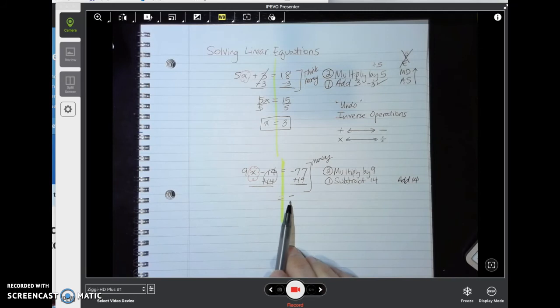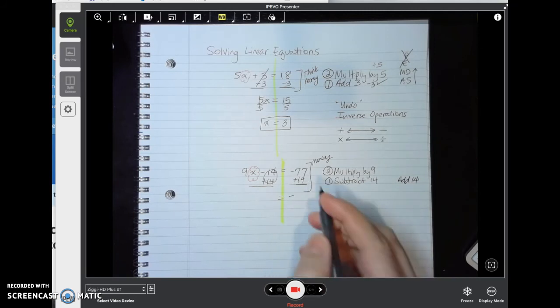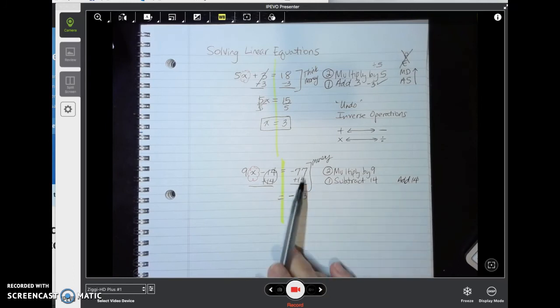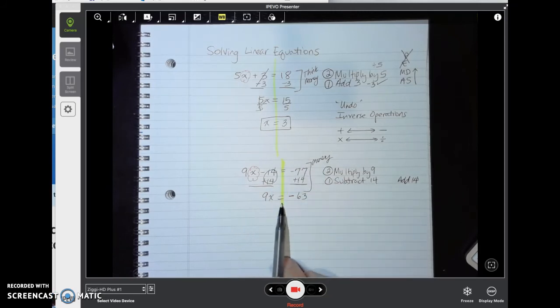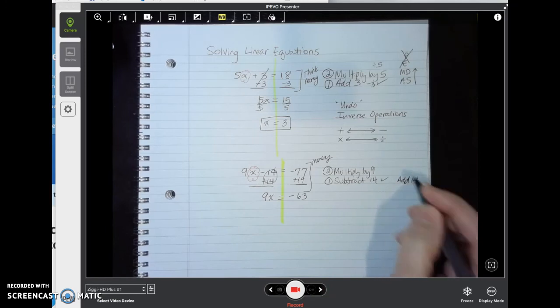Okay, that means I'm negative. I'm short. How much am I short? Well, I'm short $63. How'd I get that? Well, I took the difference between those because I know that I didn't have enough money. So I have now 9x is equal to negative 63. So I did my undo subtract 14, check that off.